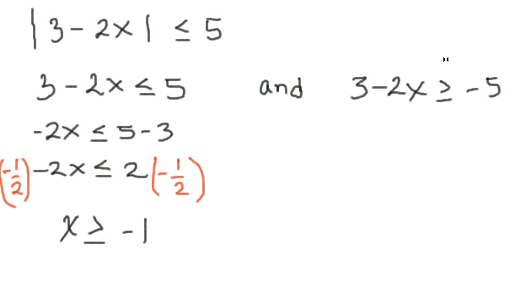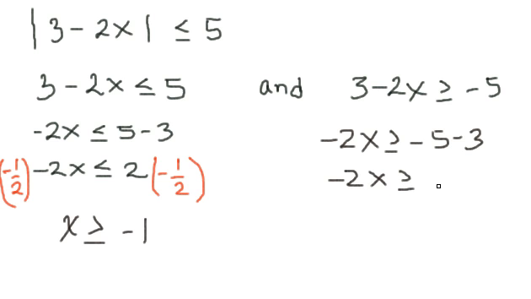So I take the 3, I bring it over to the right, so we end up with negative 2x is greater than or equal to negative 5 minus 3. Now we're going to simplify this down a little bit. We have negative 2x is greater than or equal to negative 8.